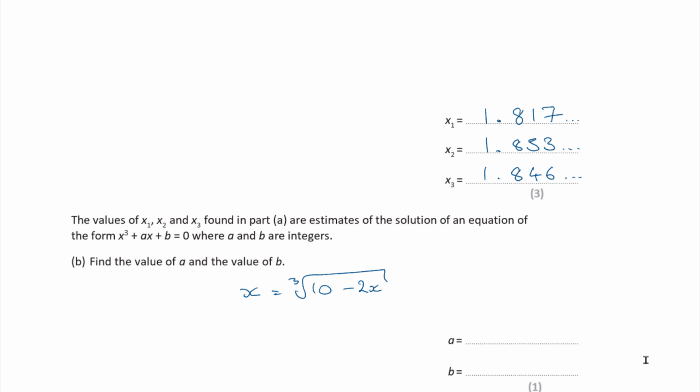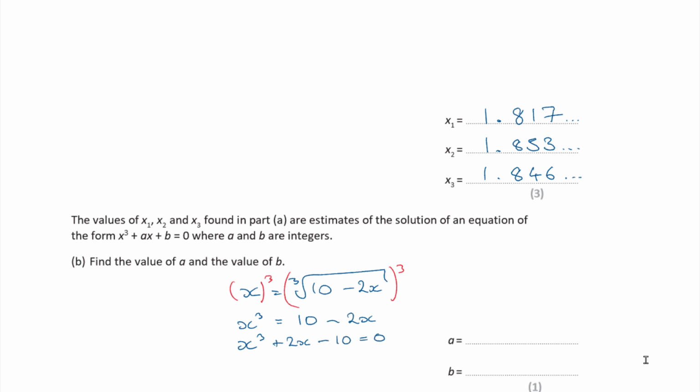Okay, so let's first try to get rid of that cube root on the right by cubing both sides. If I cube both sides, then on the left I'm going to get x cubed, and on the right, the cubing is going to cancel with the cube root, and that's going to leave me with 10 minus 2x. Then collecting everything on the left-hand side by adding 2x and subtracting 10, I'm going to get x cubed plus 2x minus 10 is equal to 0.